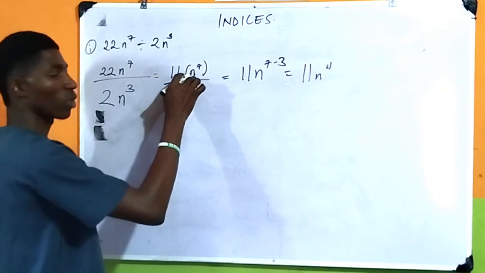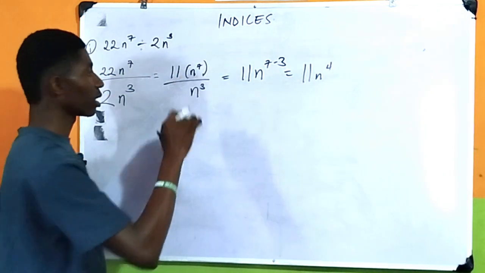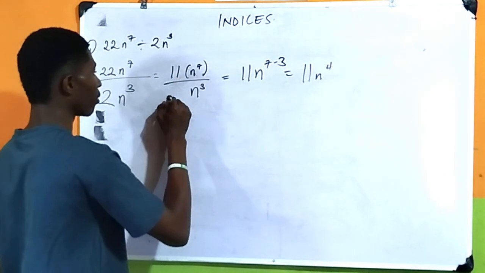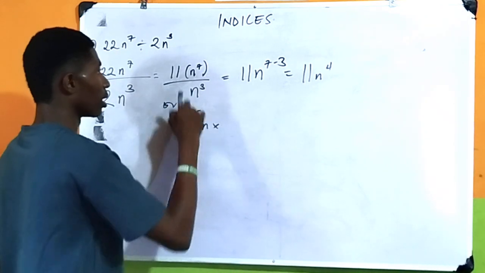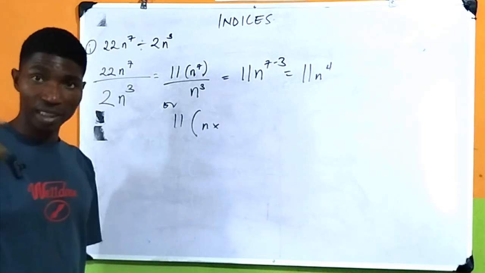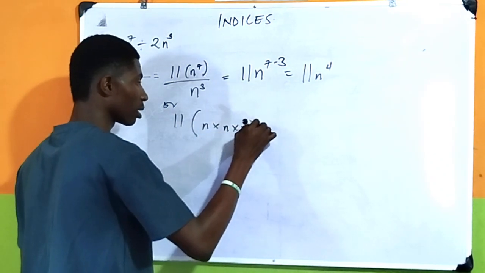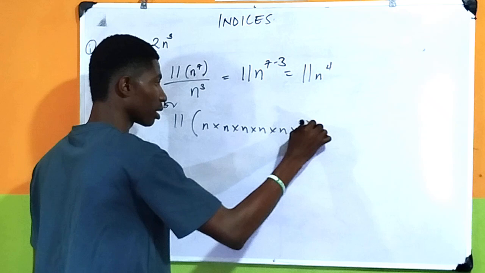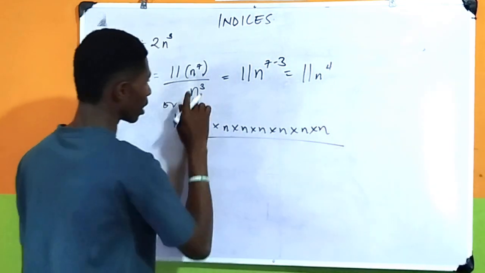Or I can decide to expand my n^7 and n^3. So I have 11 times n multiplied by itself up to 7, so n times n times n times n times n times n times n, all over n cubed.